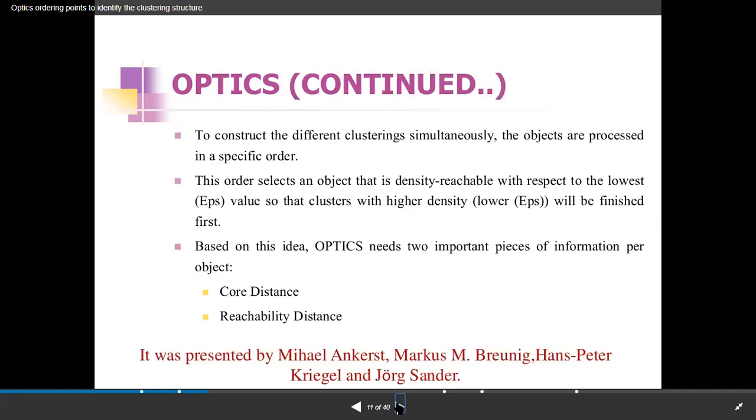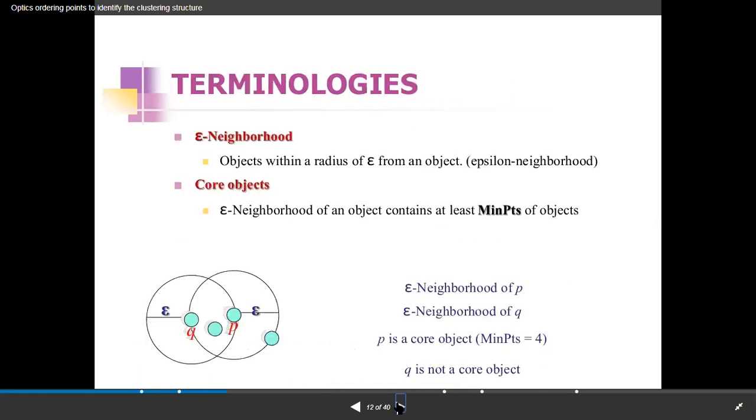Another term that is used in OPTICS is the reachability distance, which we have also studied while studying the DBSCAN algorithm. In the DBSCAN algorithm, the terminology we used was epsilon neighborhood. Epsilon neighborhood are the neighbors that lie inside the epsilon radius circle. The next thing, the core object.